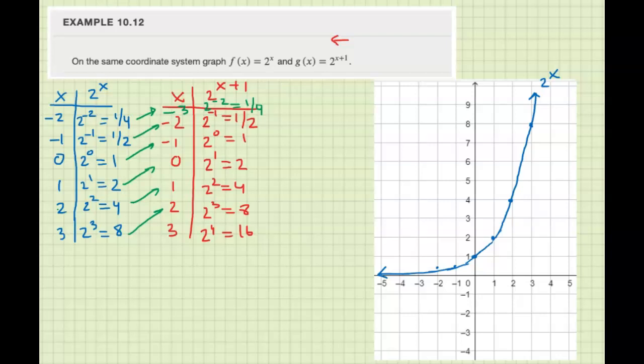Okay, so if I graph them, negative 3 gives me 1/4, negative 2 is 1/2, negative 1 is 1, 0 is 2, 1 is 4, and 2 is 8. So all the values, the x values got shifted to the left.